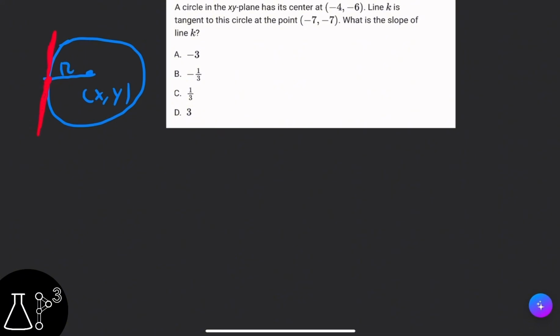Let's say points A and B. But what does that mean exactly? What it basically means is that the tangent is perpendicular to the radius. Perpendicular looks like two straight lines that make an addition symbol, or a multiplication symbol, as I like to call it, like the green one I show here. But what does that necessarily mean? It means that the slope of the radius, or r, is the negative reciprocal of the tangent line.